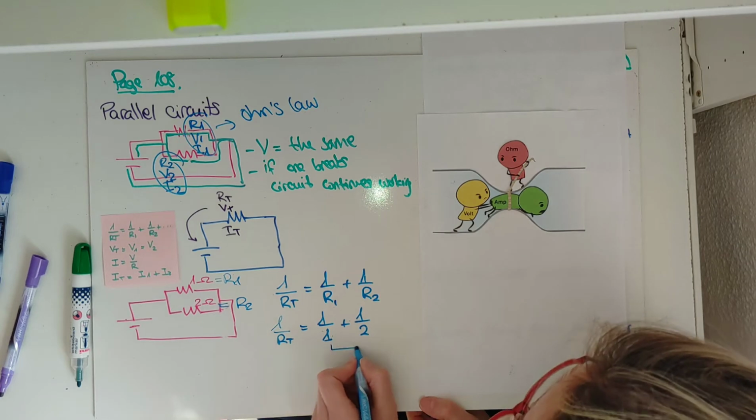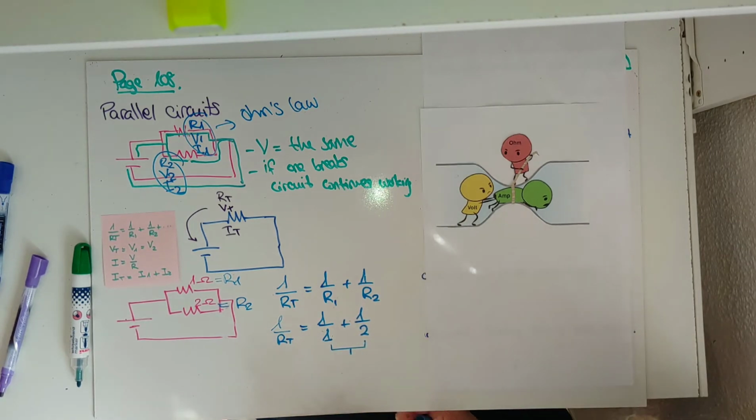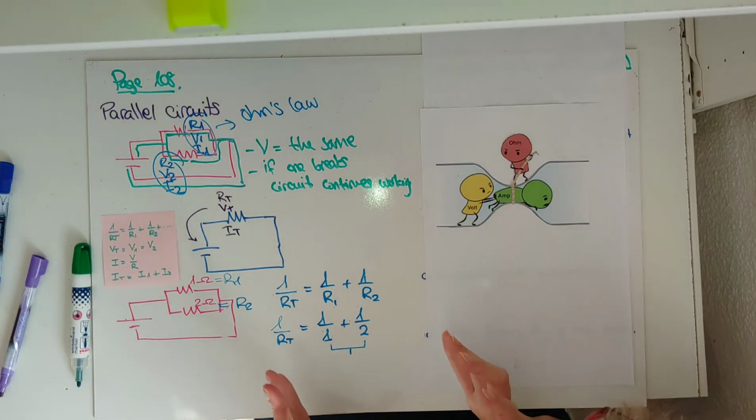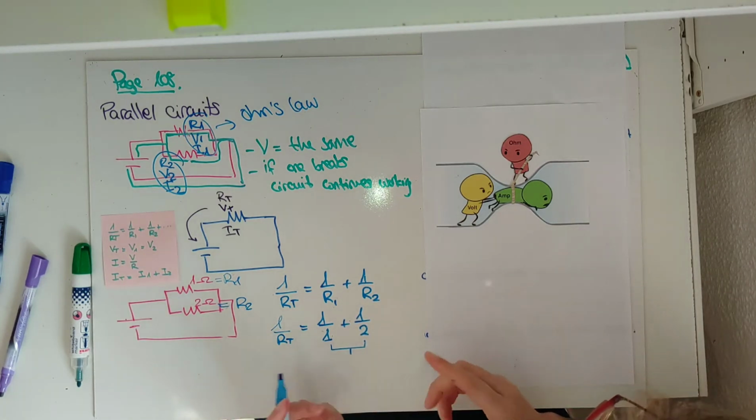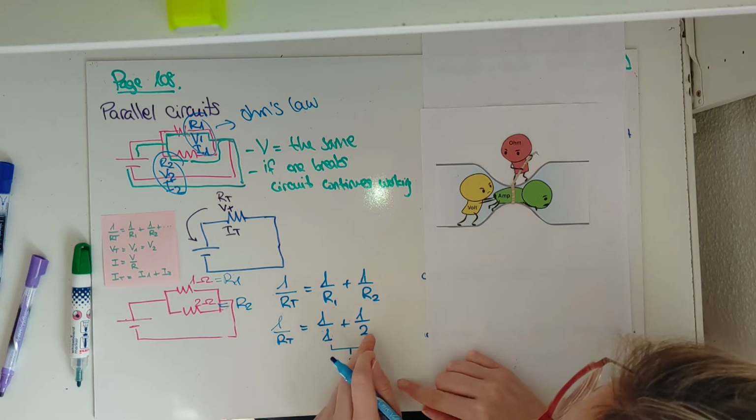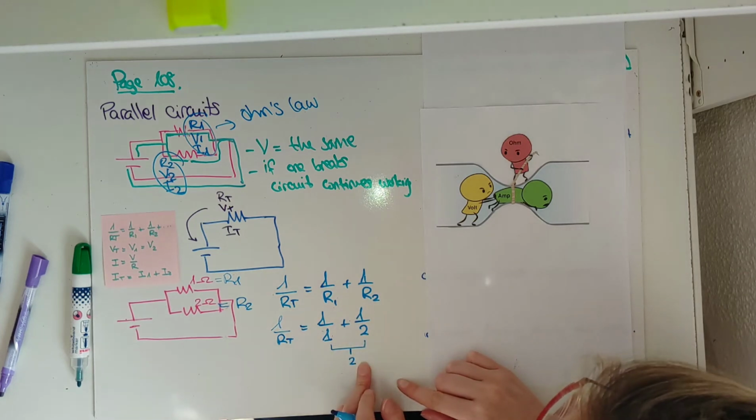How? I have to find the common multiple of both, which between 1 and 2 is 2, no?